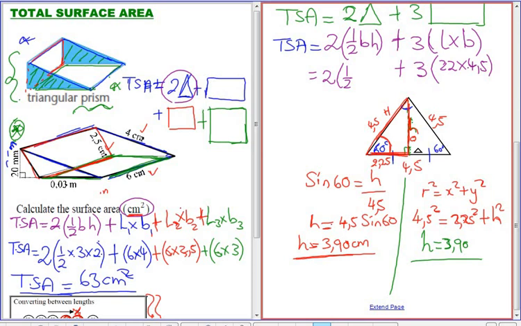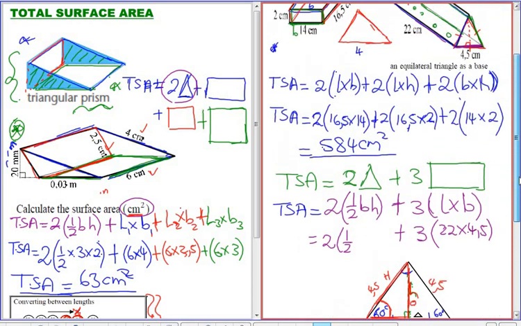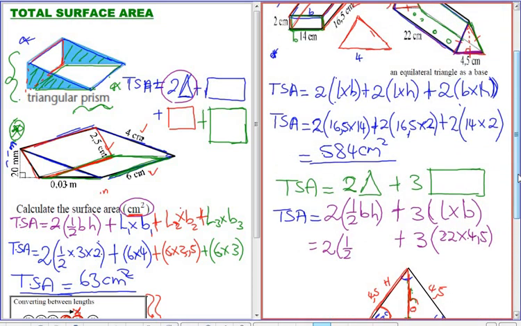Now that I know that my height is 3.90, whichever method I used, I can go back to what I started and finish it off. I want the area of these two triangles here, so I know it's half base times height. The base of these triangles is 4.5, and the height I just finished calculating as 3.90.